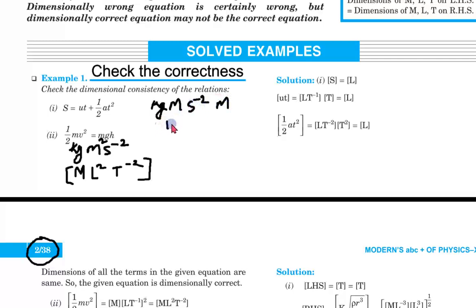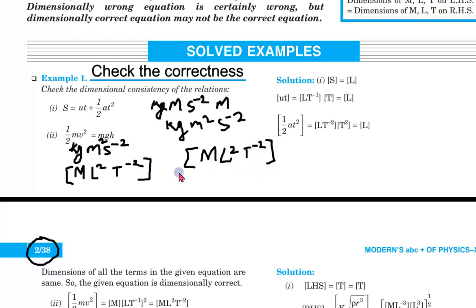Then if I multiply meter and meter, I'll get meter square per second square. Then in terms of dimensions, this will be mass, this is L square, this is T square.